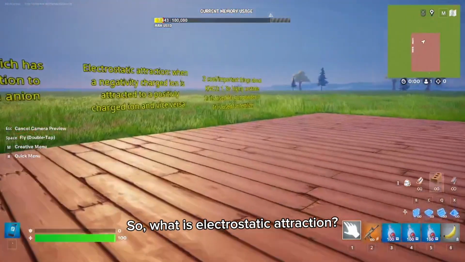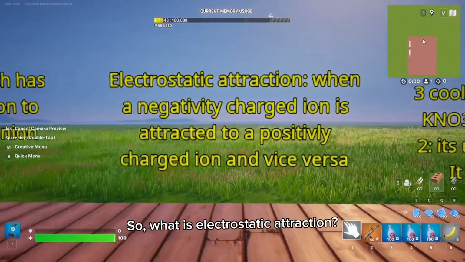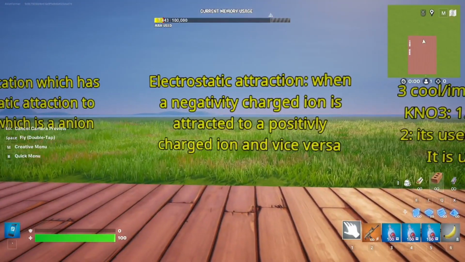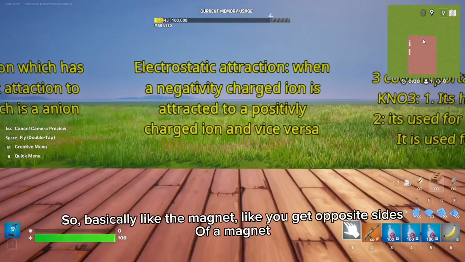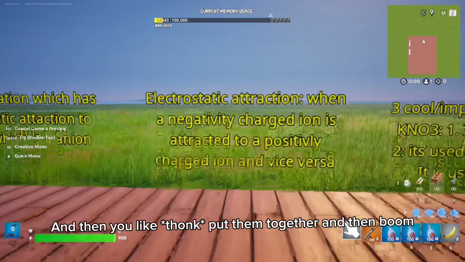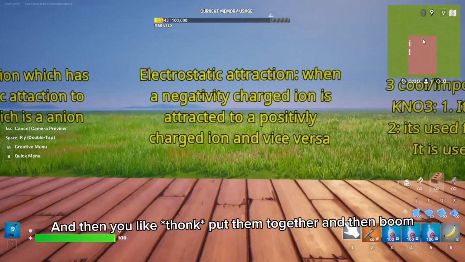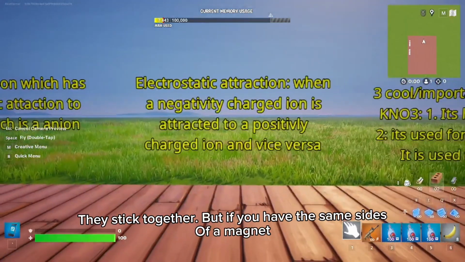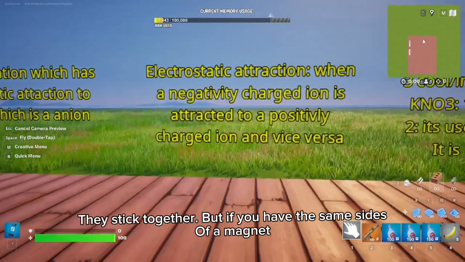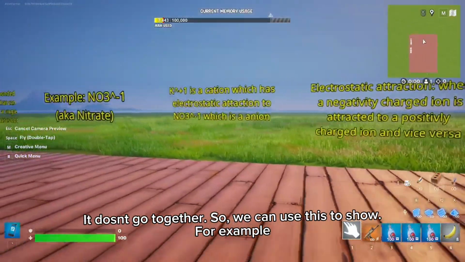So, what is electrostatic attraction? It's when a negatively charged ion is attracted to a positively charged ion, and vice versa. So basically, like a magnet, you get the opposite sides of a magnet and put them together, and then boom, they stick together. If you have the same sides of a magnet, it doesn't go together.